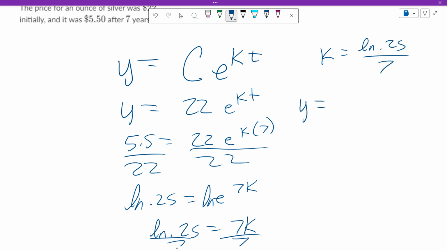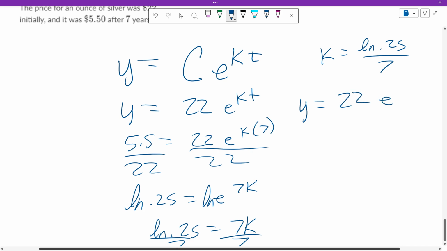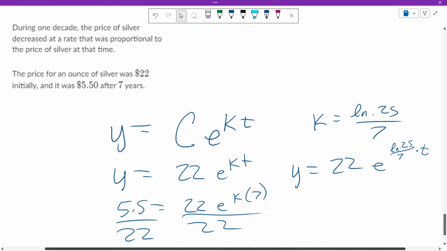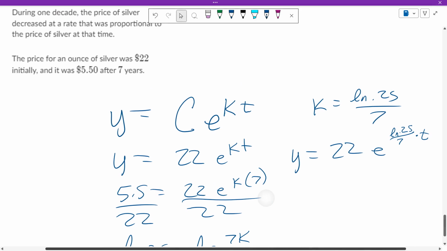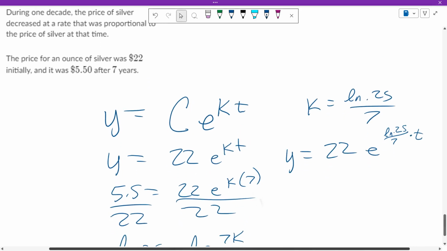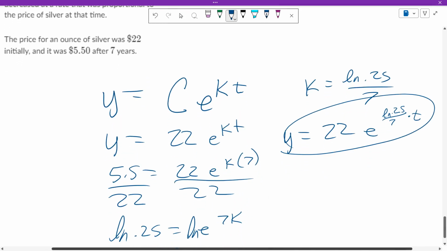So y equals... No. y equals 22 e to the ln of 0.25 over 7 times t. And that's actually the answer.